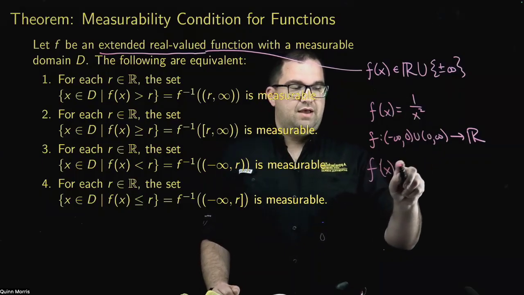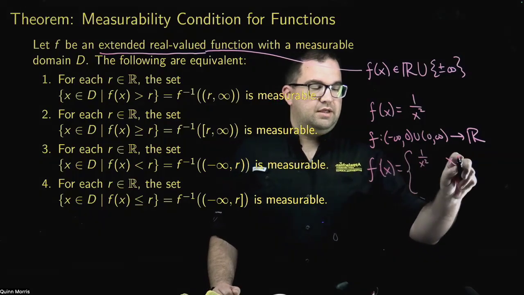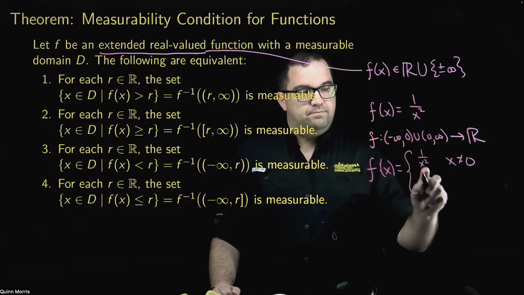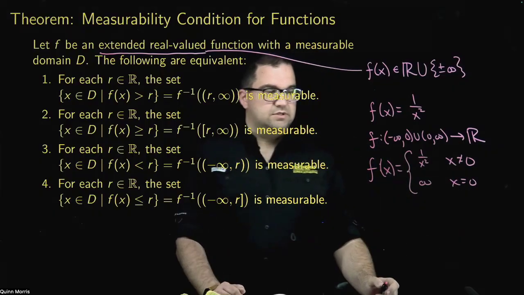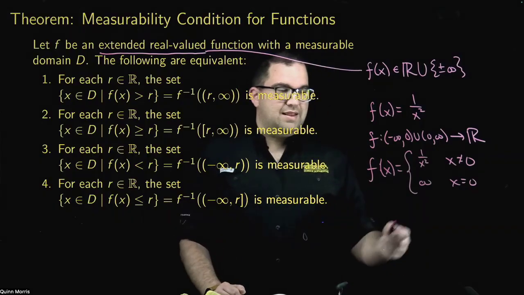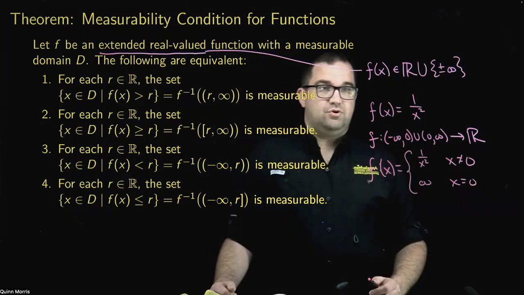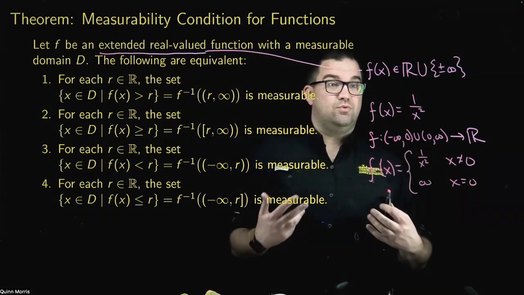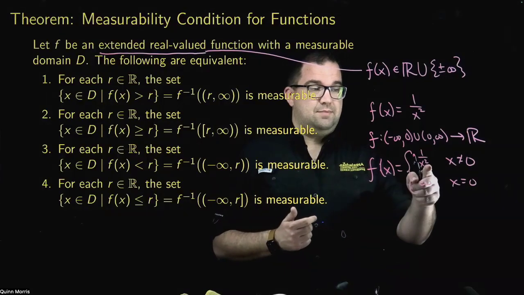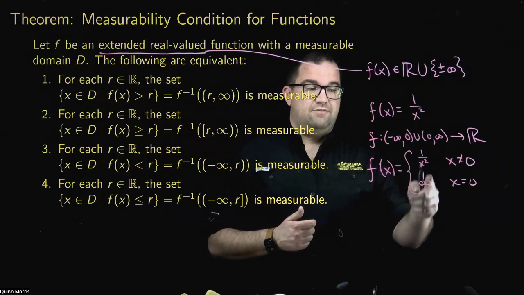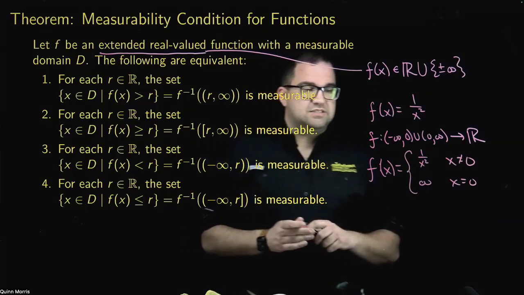So I could say f of x is equal to 1 over x squared if x is not equal to 0, and it's equal to infinity if x is equal to 0. One advantage of thinking about this function in this way is that you can now think of this as a continuous function over the extended real numbers, because the limit as x approaches 0 of f of x is infinity.